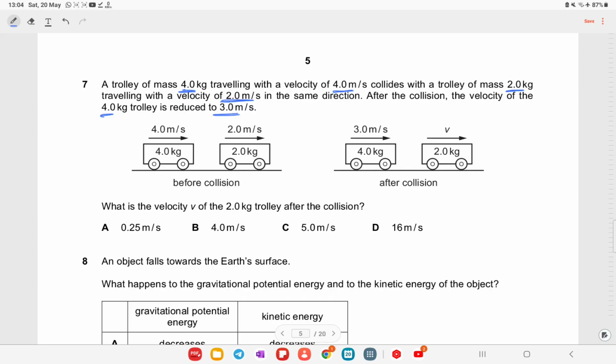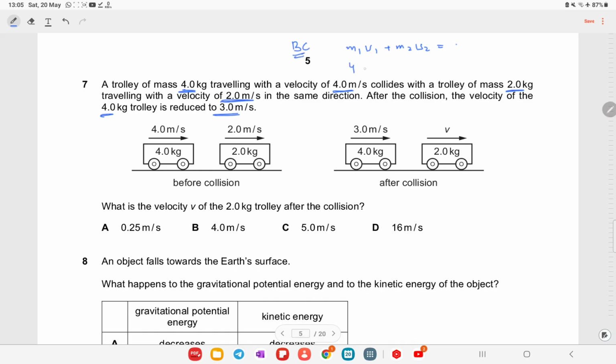So what we are going to do is apply the law of conservation of momentum, and that formula is m1 u1 plus m2 u2. First we are going to solve for the momentum before collision.